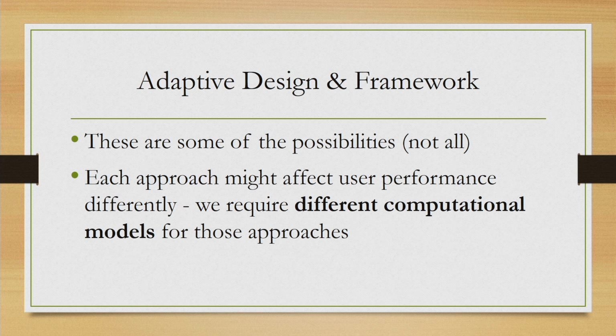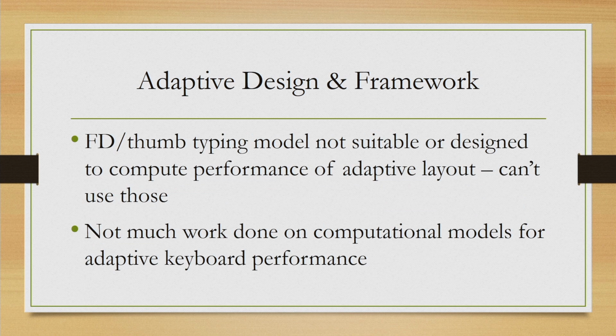The problem is each of these refer to a particular design, and for that design we need to have a model. So, each approach might affect the performance differently, and in order to predict that difference we require different computational models. Now, if you can recollect, earlier we have discussed two mobile typing models, the Fitts digraph model and the thumb typing model.